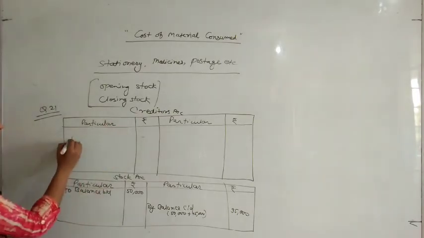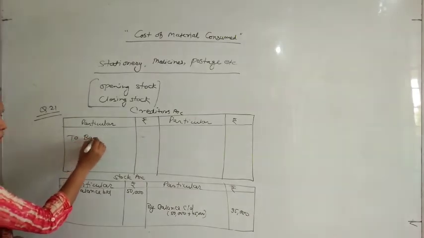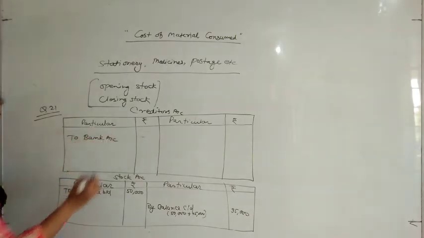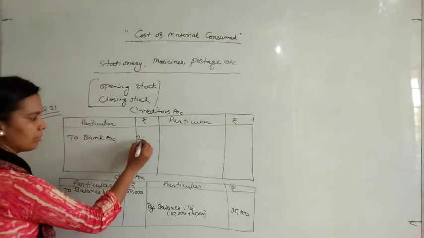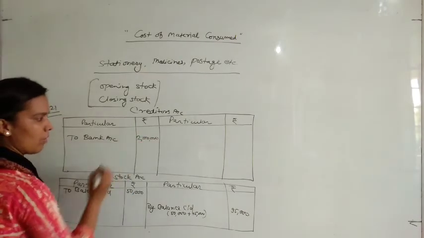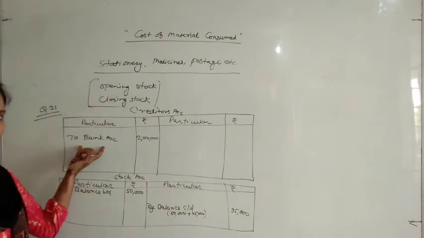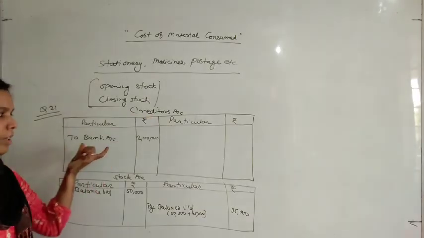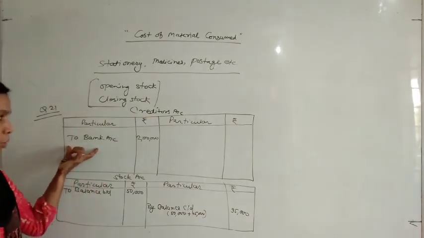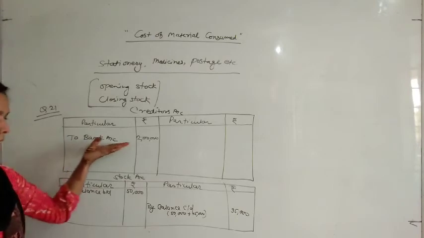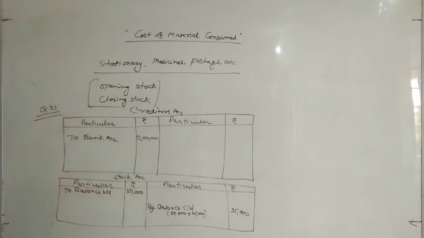So this will be written as to bank account, and the amount is 2 lakh rupees. Whenever you pay your creditors, the entry is creditors account debit to bank account. So the posting in creditors account is to bank account 2 lakh rupees.